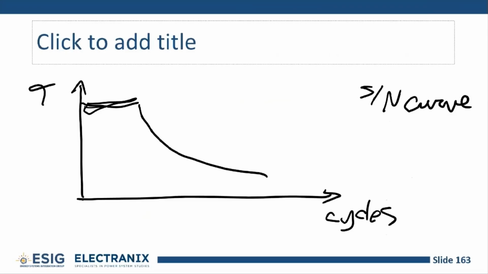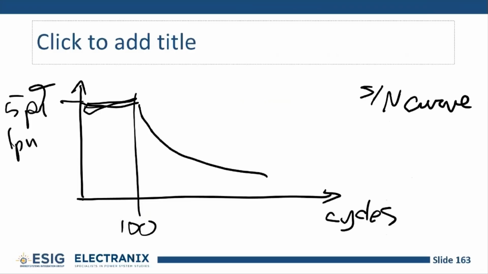Let's say this number here, I don't know exactly what it is, is 100 cycles or something. Maybe it's probably 1,000 or something less than that, but say 100. So up to here, maybe this is 5 per unit. Maybe it's 1 per unit. I don't know. Some torque, and each of these shaft components will have a different curve.